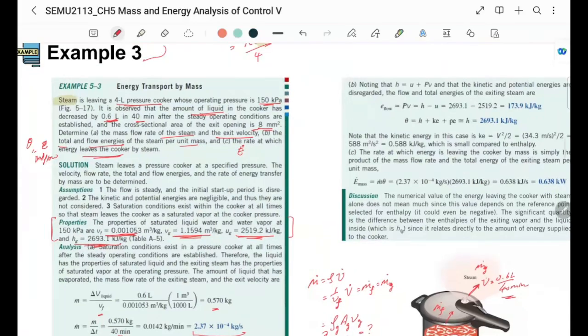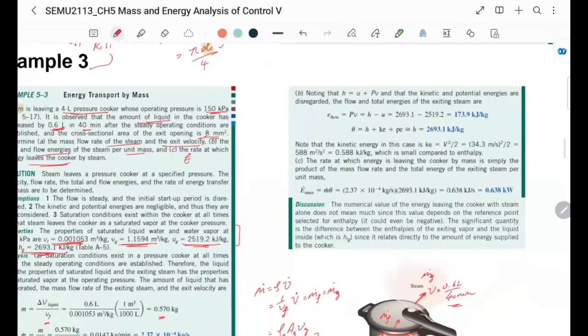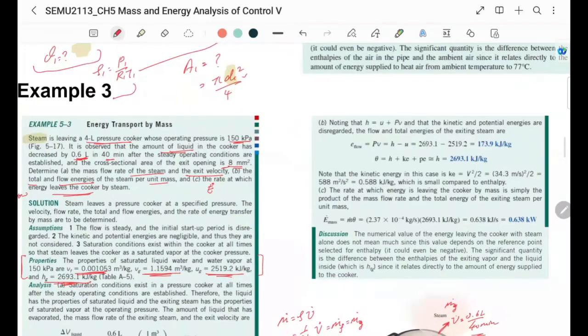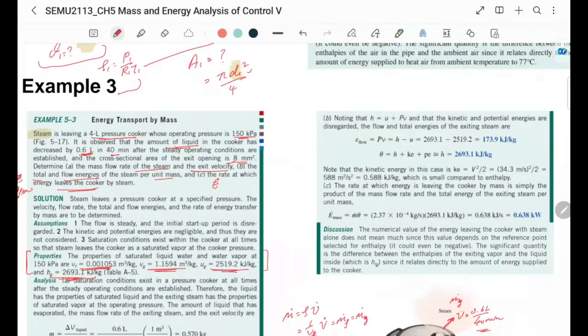The flow energy is actually equal to PV, and we also know that H equals the flow energy plus internal energy U. So for us to get this, it is basically H minus U. We're talking about the one that goes out, which is the gas, so we are using the properties of the gas to calculate this.